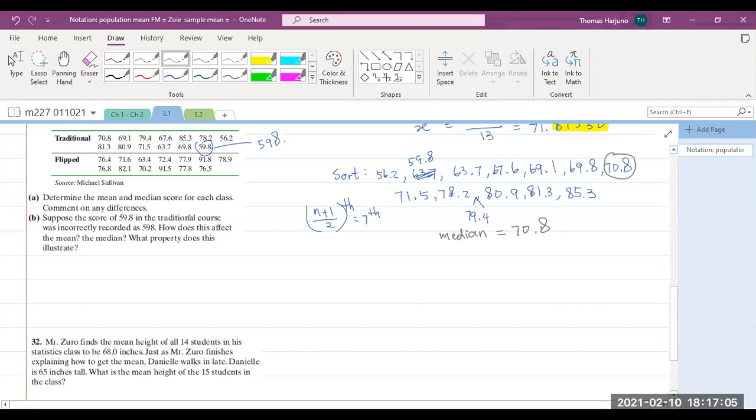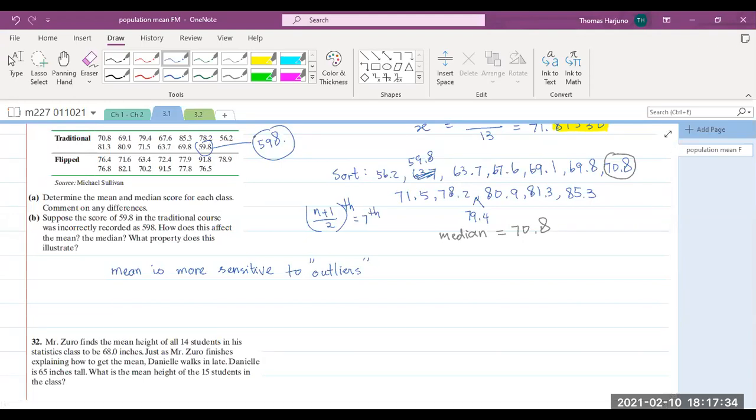In other words, the mean is more sensitive to outliers. If you suddenly have a very big number compared to the rest of the data, then the mean will change significantly.